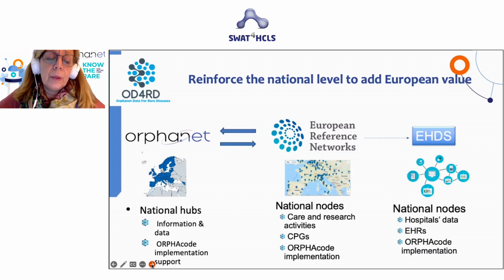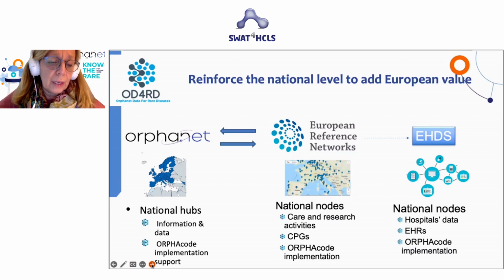And we have built what we call a national hub network, in which all the Orphanet teams, because Orphanet is a big network implemented in each European country, help out with the real-life implementation. So providing local support in local language to hospitals so that they know how to implement, and coders how to code correctly with the ORPHA codes.